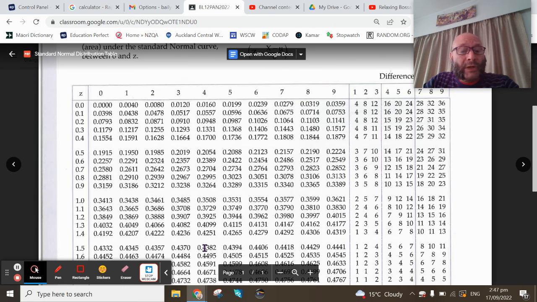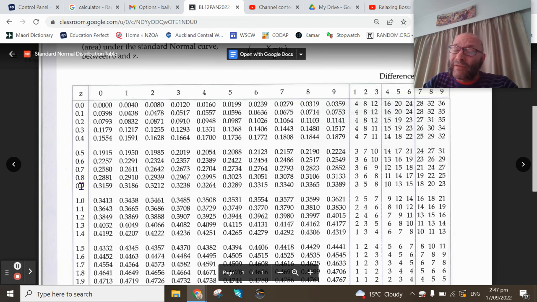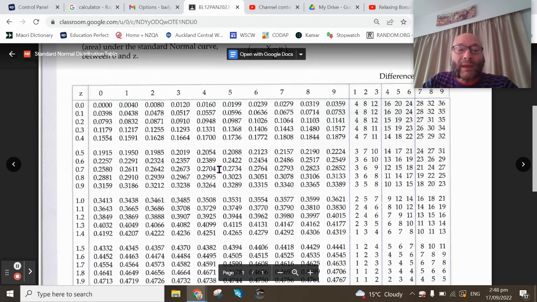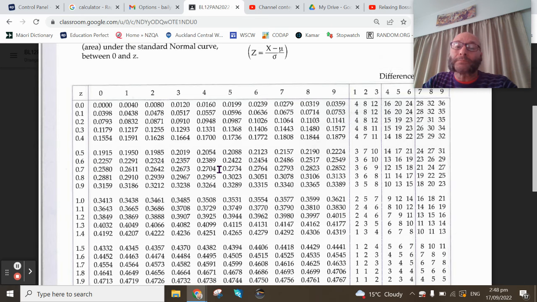So again, we don't have a z value and look for a probability. We are told what the probability is, in this case 5%. We want to find the z value that goes with that probability. So we're going to look in here first to find that 5%, 0.05.